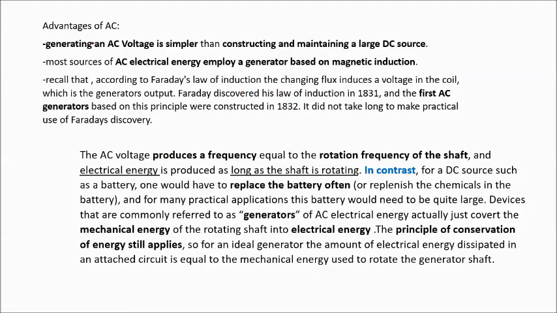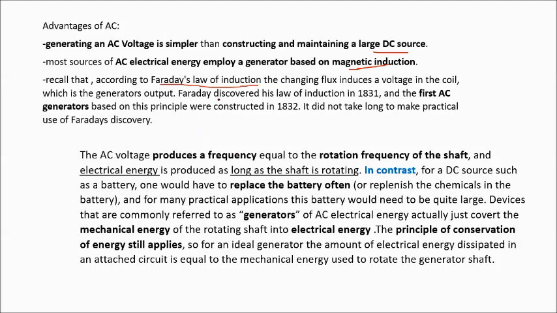So, an advantage of AC: generating an AC voltage is simpler than constructing and maintaining a large DC source. For AC, electrical energy employs a generator based on magnetic induction. Batteries need to be replaced, while this is magnetic induction, based on Faraday's law of induction, the topic last time.